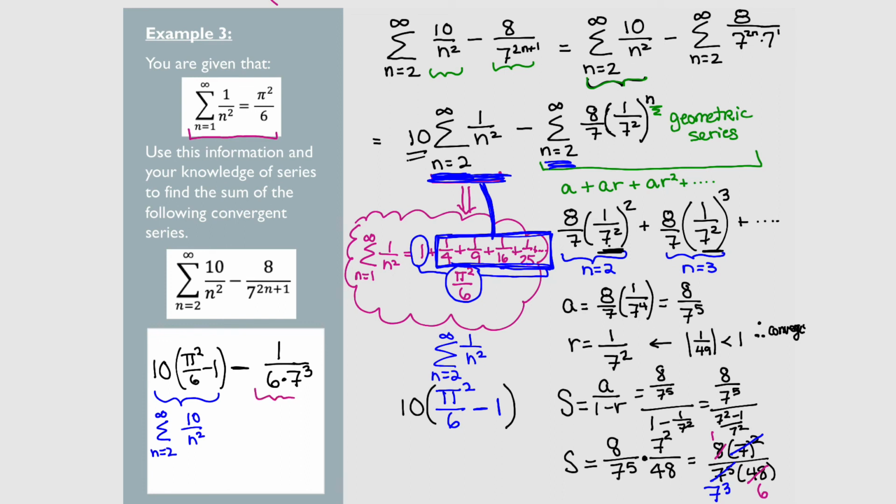And this is the sum of the series n equals 2 to infinity of 8 over 7 to the 2n plus 1. And in WeBWorK, you need to put all of the pieces together with a minus in between, because there's a minus in between these series, to get the total sum. So this is going to be the total sum for my series.